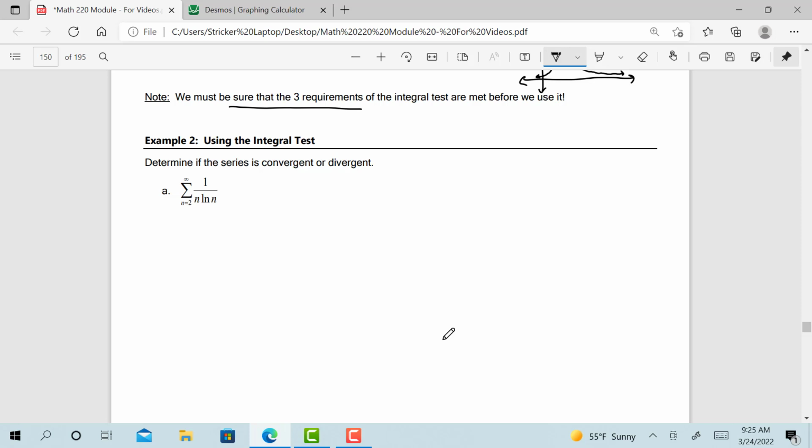So here we go, example 2. Let's start by letting our function be 1 over x times the natural log of x. That's what we need to do first, and then we need to check our requirements. So first requirement, is f continuous on our interval? And what's our interval? Well, this sum goes from 2 to infinity. So we're going to say, okay, from 2 to infinity.